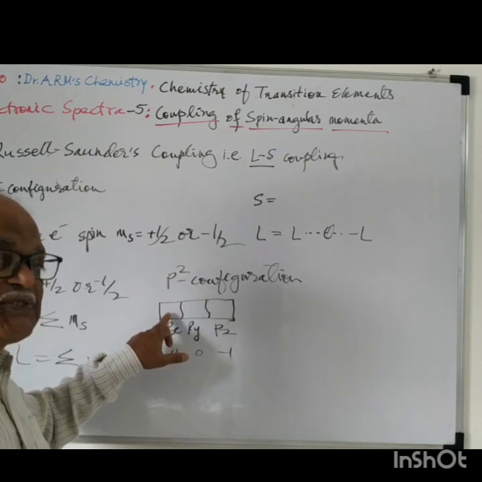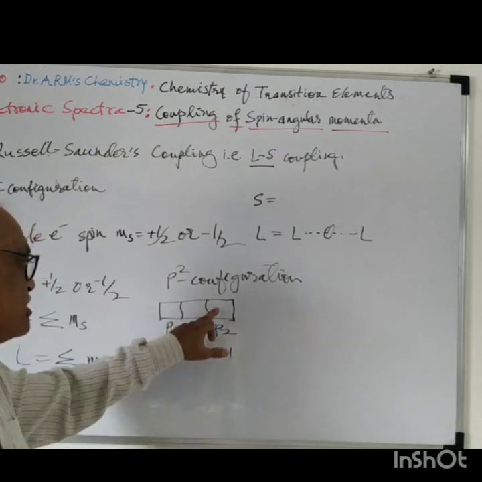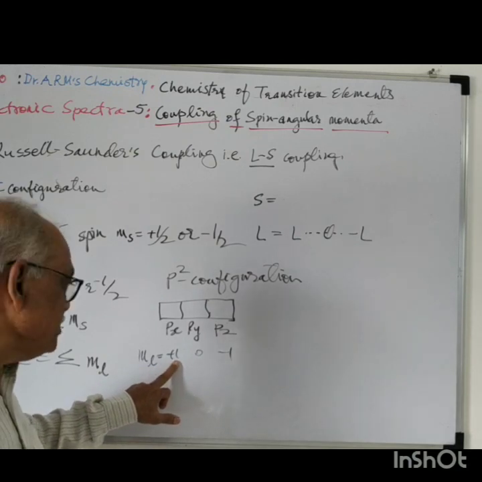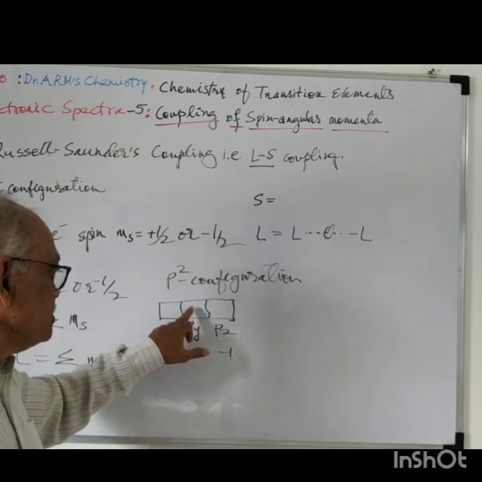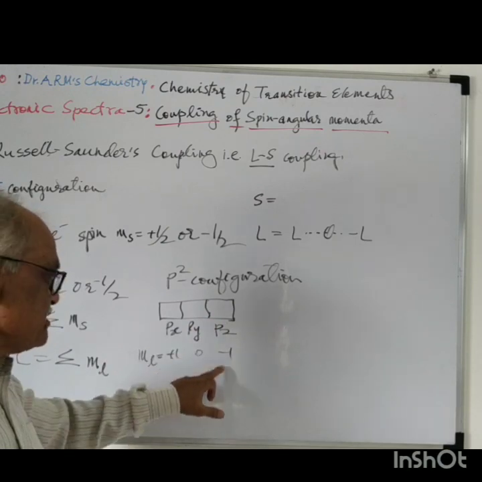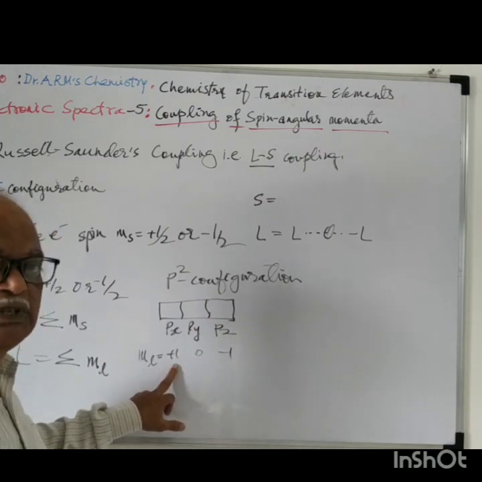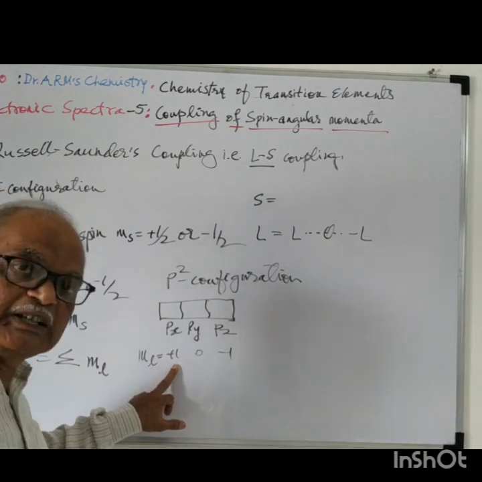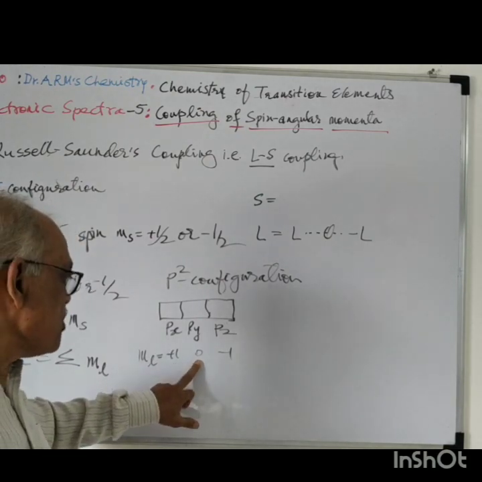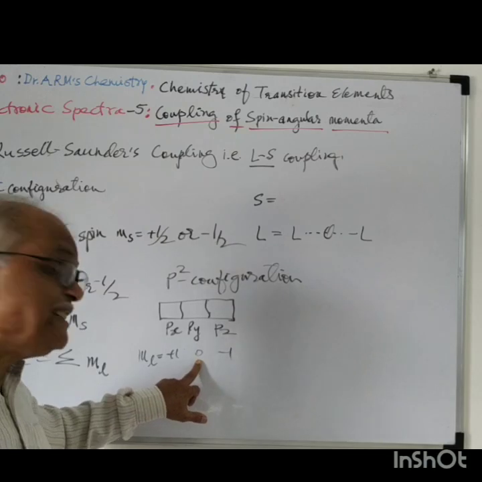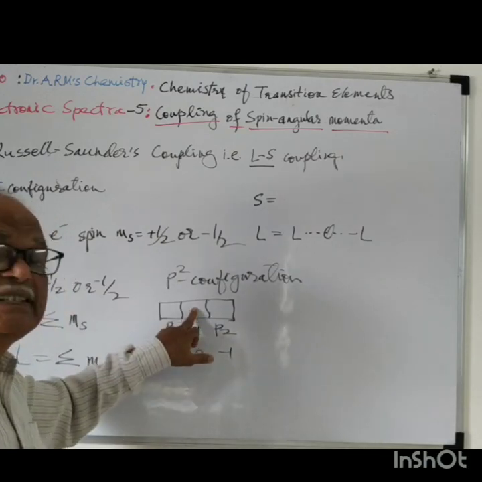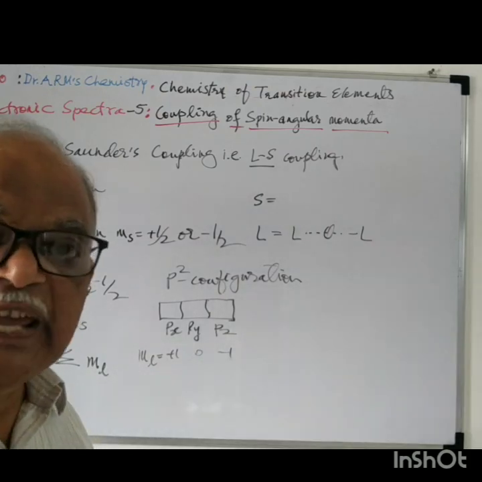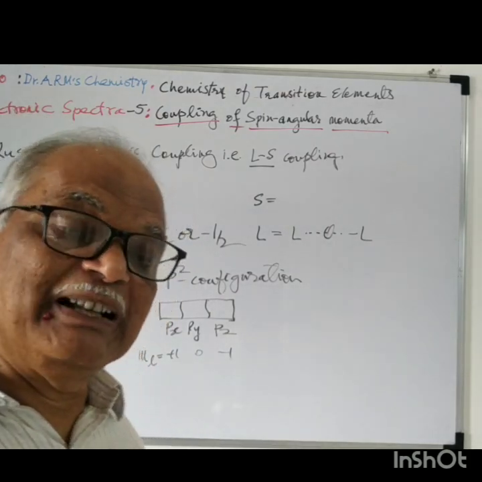So the first electron should enter the orbital with the maximum value, +1. After putting the first electron, the second electron should go with the 0 value, that is into py, because it has to obey Pauli's exclusion principle.